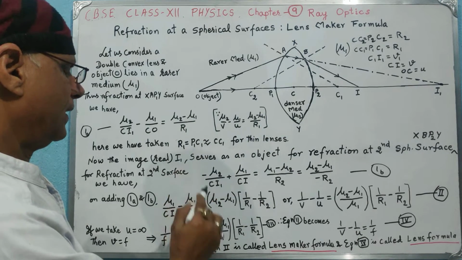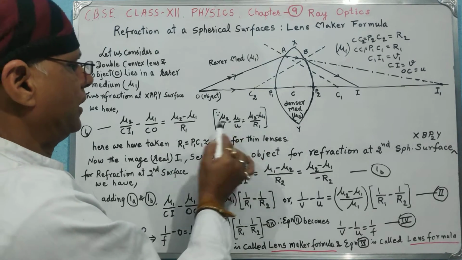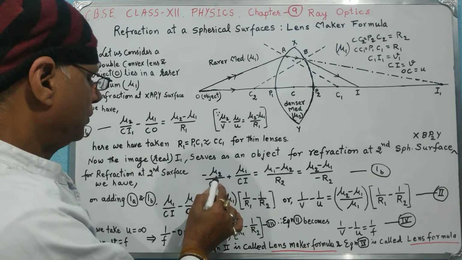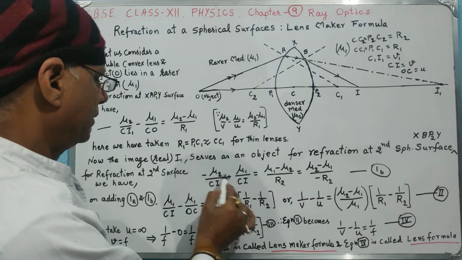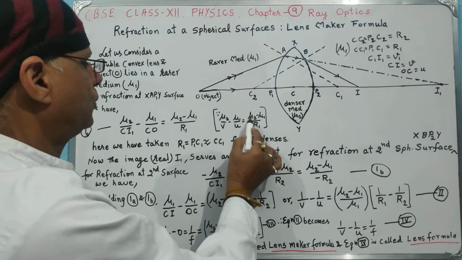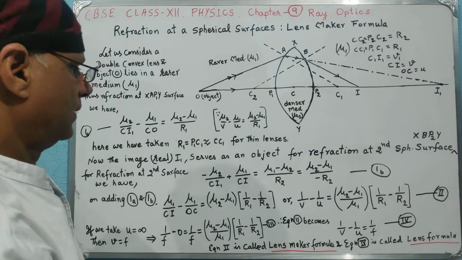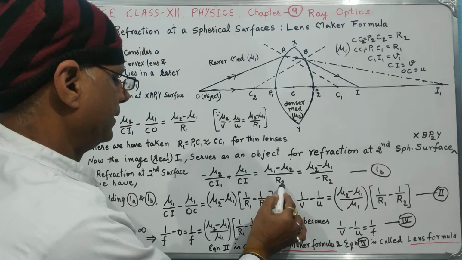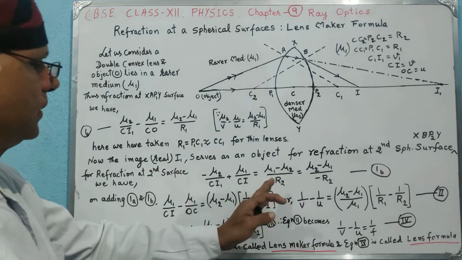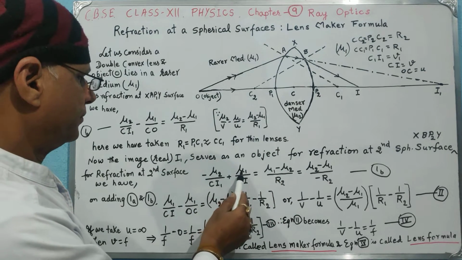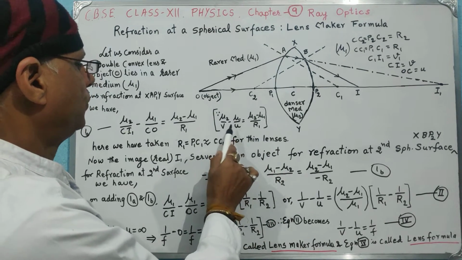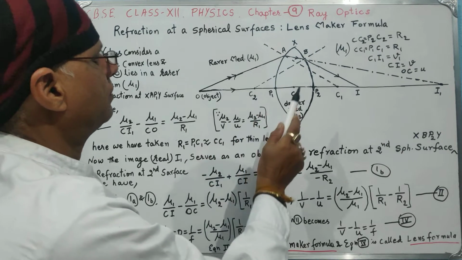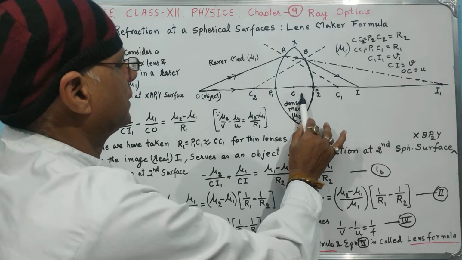For that we simply exchange the relation: mu1 upon v minus mu2 upon u equal to (mu1 minus mu2) divided by R. Since the radius of curvature in this case is R2, we write R2. And mu1 upon v, the image distance. So what is the image distance? This is the image distance CI.